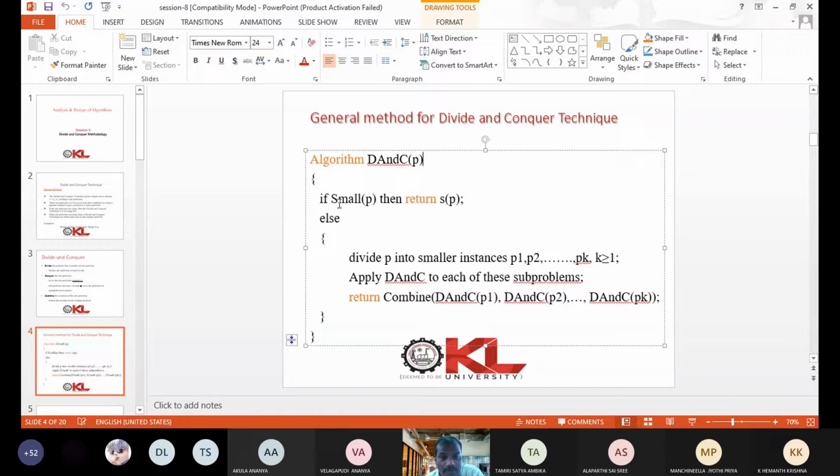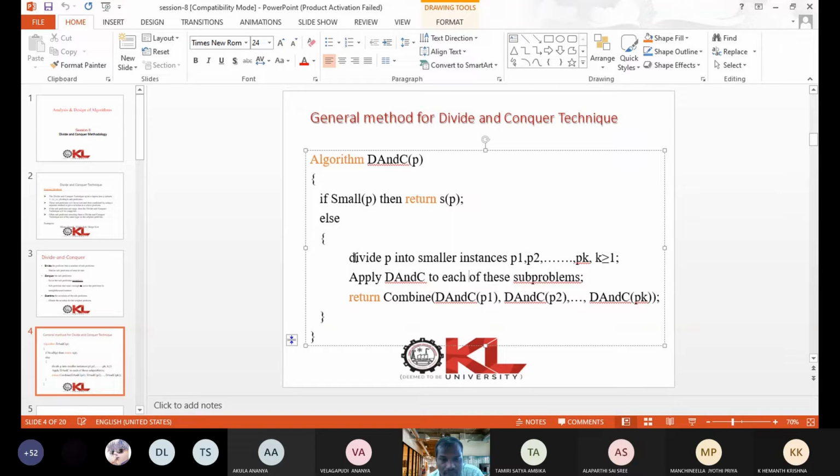If the problem is big, then we go to the else part. There are three steps: divide, conquer and combine.